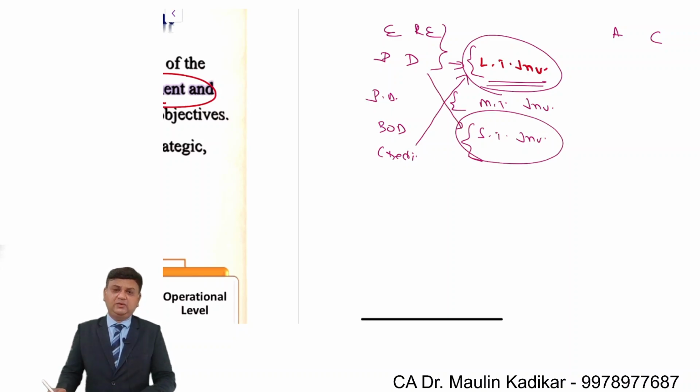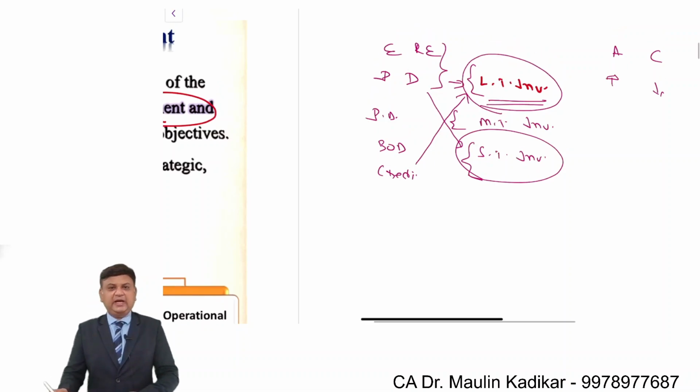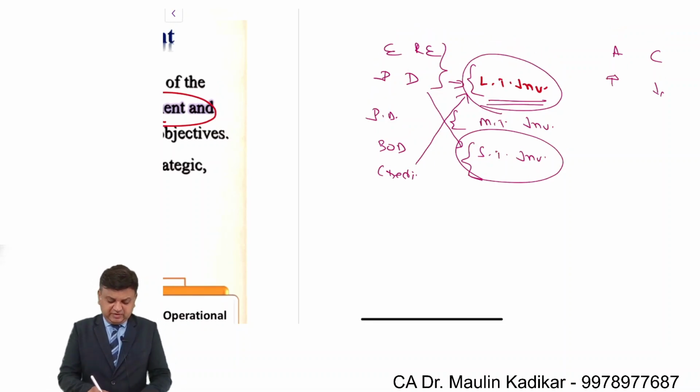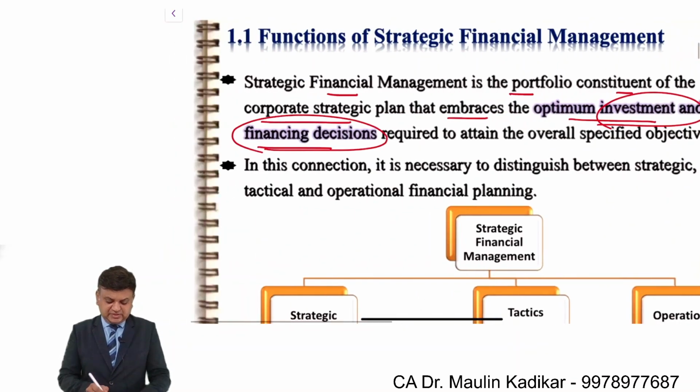That is conservative, wherein the cost will be more, return will be less, and risk will also be less. In the aggressive one, return will be more, but the risk will also be more. Again, at our IPCC or intermediate level, we have discussed these kinds of financial policy.